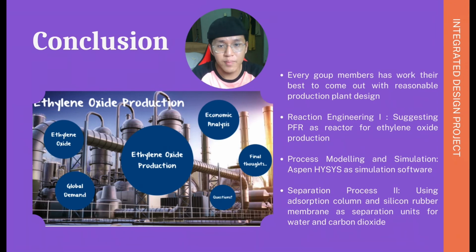In the adsorption column, the activated carbon, which works as the adsorbent, will adsorb water vapor and carbon dioxide. However, this will not work at 100% efficiency. Therefore, we add a silicon rubber membrane unit to keep separating the carbon dioxide from the ethylene oxide stream. After passing through the membrane unit, the pure ethylene oxide will be transferred to its respective consumers.